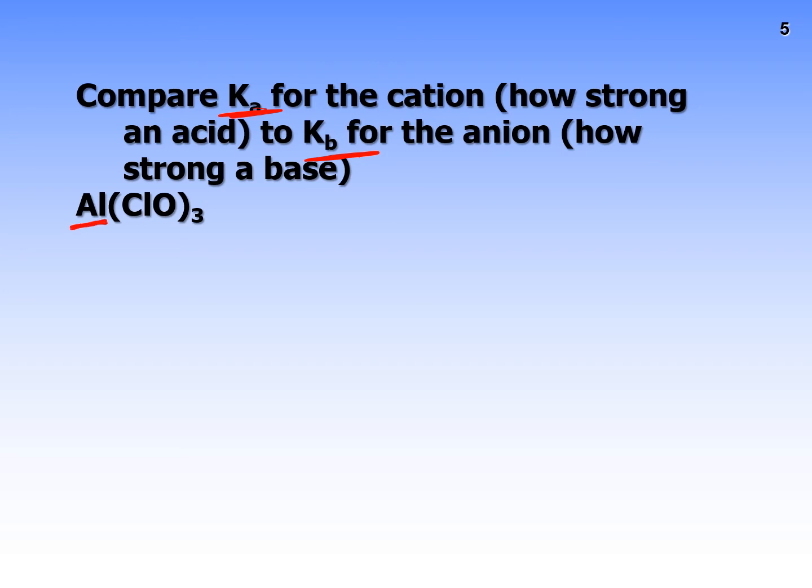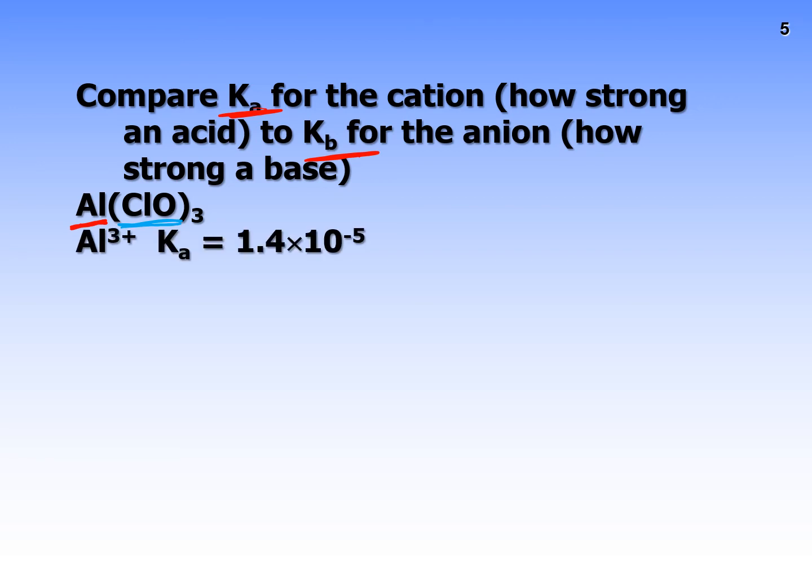Aluminum is not a group 1 or group 2 metal, and it's not Ag. And we have a basic anion. ClO minus is a weak base. So we've got to figure out which one is stronger, and compare the two, Ka and Kb. Whichever one's stronger will tell us whether this is going to make an acidic solution or a basic solution if I add it to water.